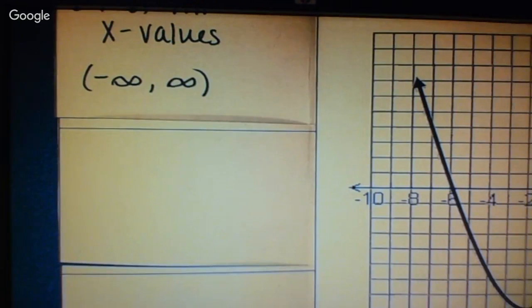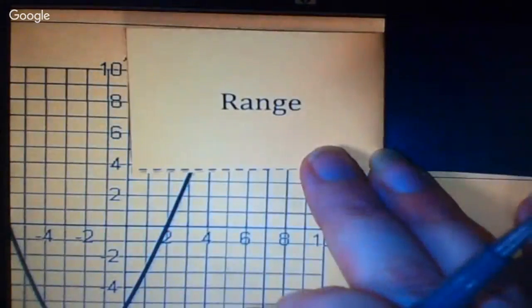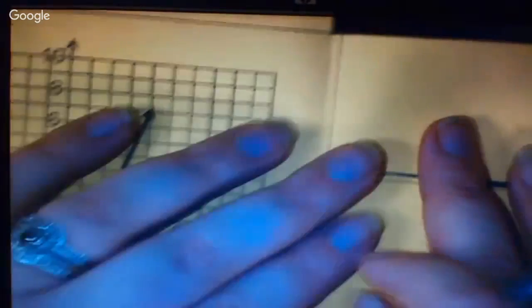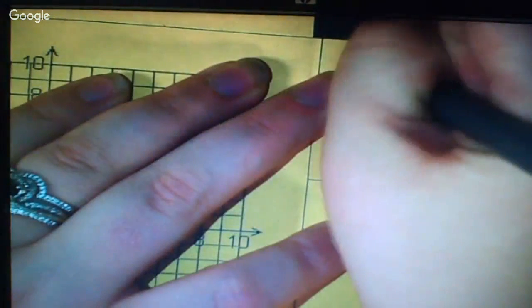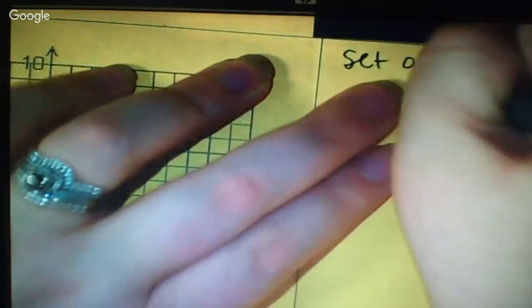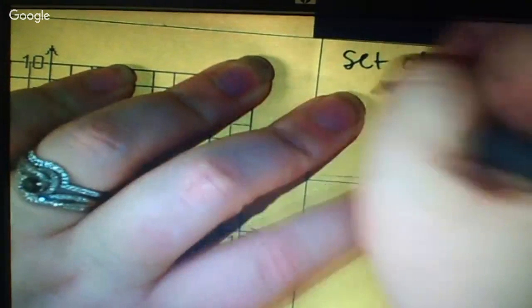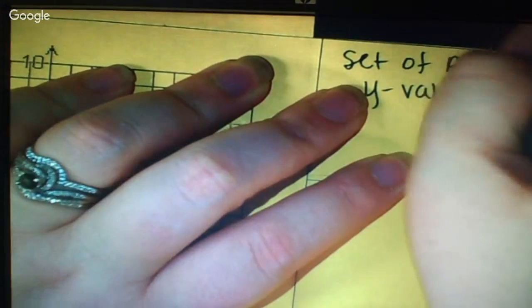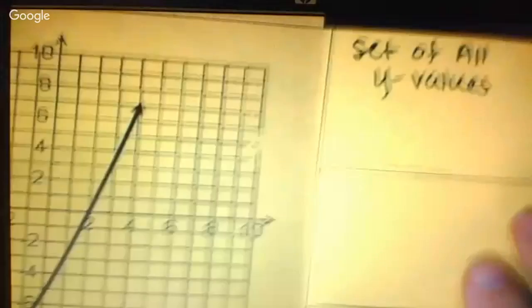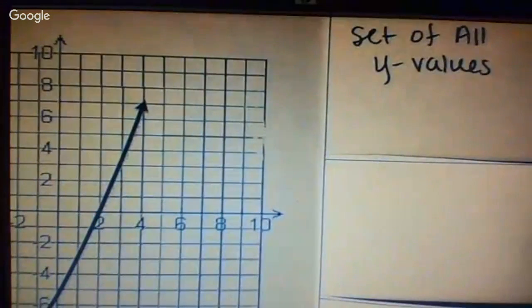Okay. So if domain is the set of all the x values, on the other side, your range is the set of all your y values.